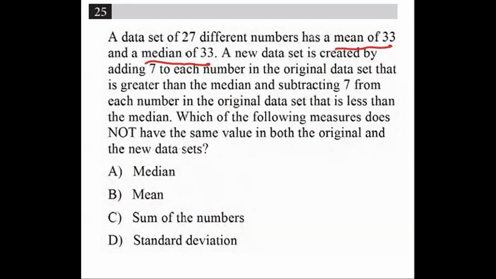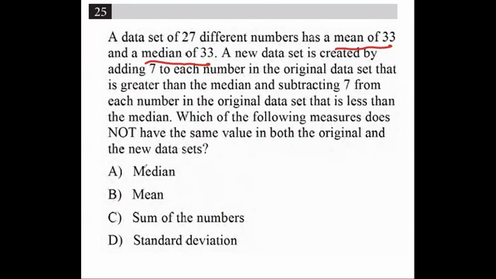But in this case, the mean and median are the same, so that's pretty important. A new data set is created by adding 7 to each number that is greater than the median, and subtracting 7 from each number that is less than the median. Which of the following does not have the same value?